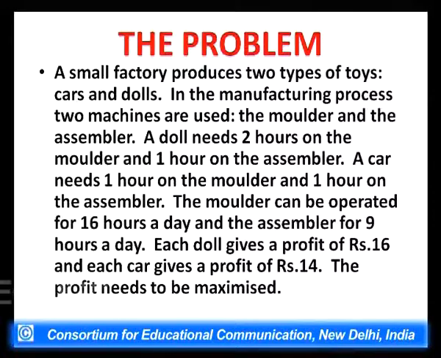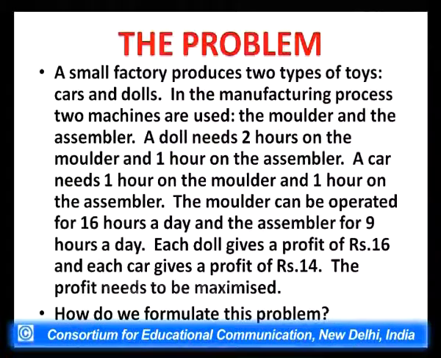The molder can be operated for 16 hours a day and the assembler for 9 hours a day. Each doll gives a profit of rupees 16 and each car gives a profit of rupees 14. The profit needs to be maximized. This is the statement of the problem. And how do we formulate it? We'll just quickly see.